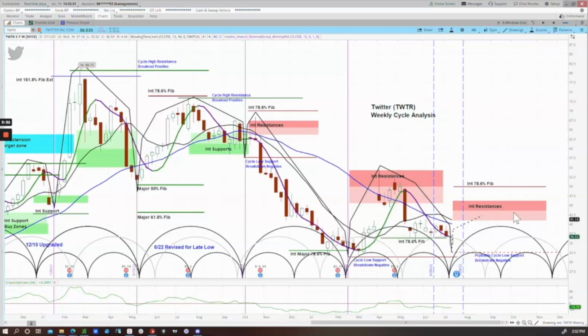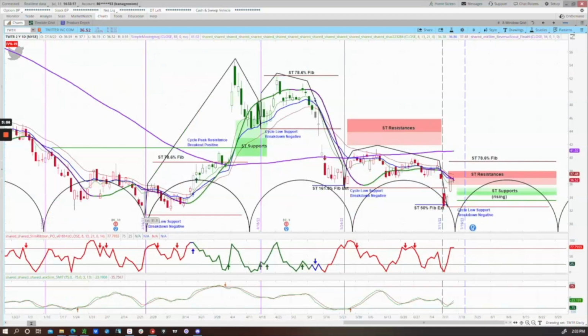Therefore, I've projected into the middle of this resistance zone from about $41 up to about $46, the middle coming in at 43.5. Of course, as I mentioned earlier, Twitter's in the news and has a significant amount of binary event risk, not only with its dealings with Elon Musk, but also with earnings coming up next week.